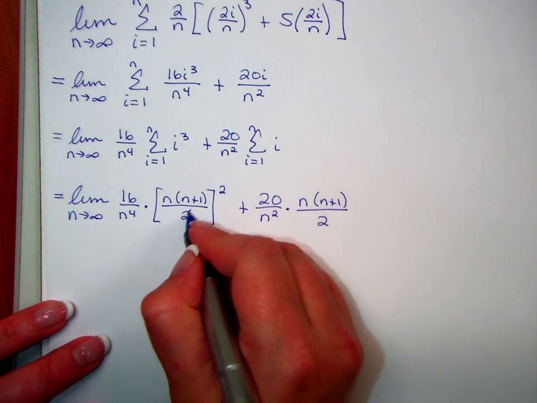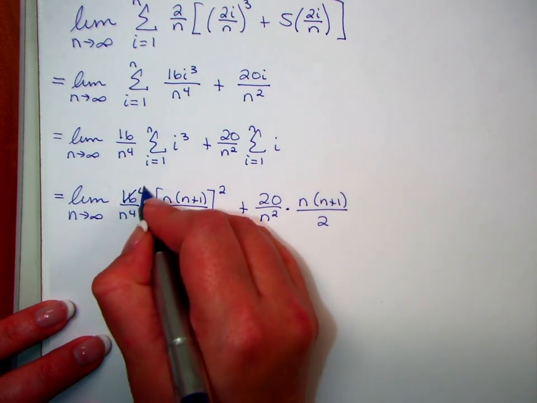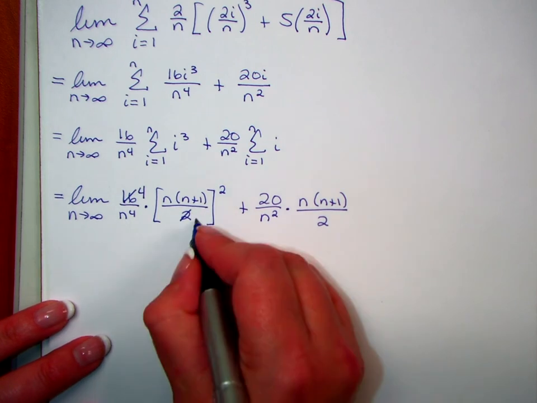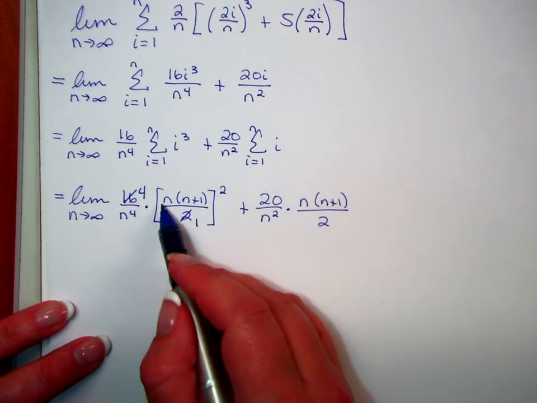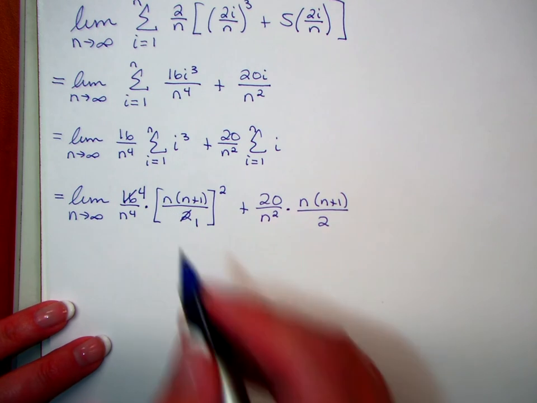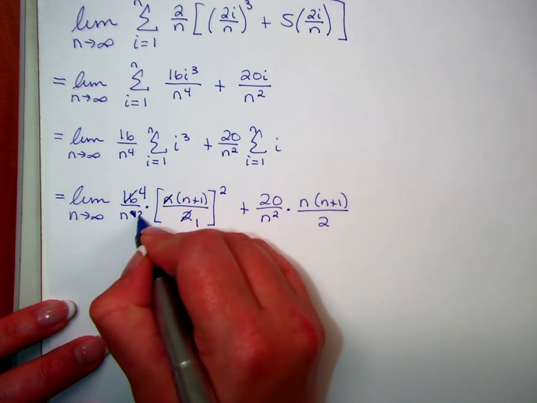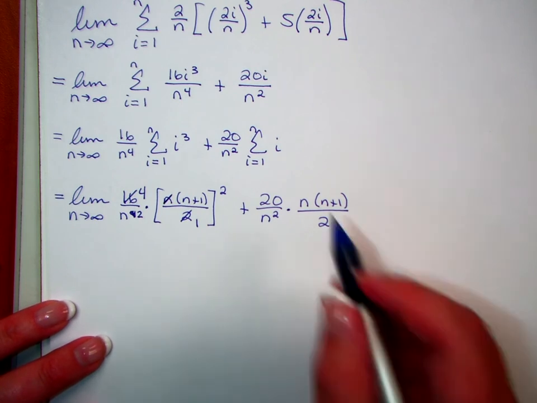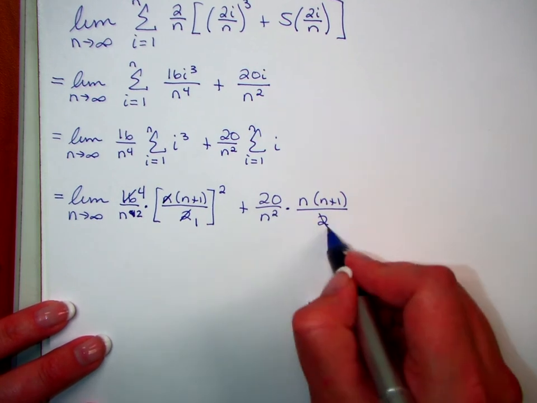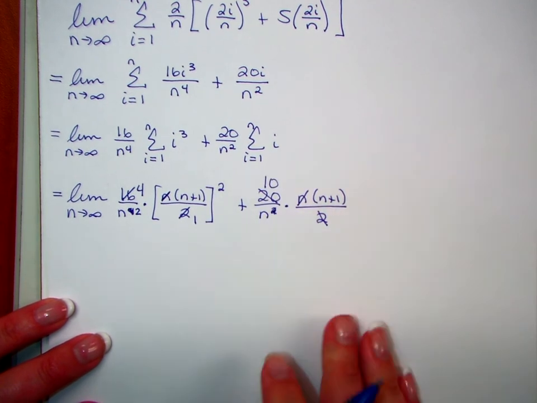So if I cancel this, 16 reduced by 4 is 4, and this is now a 1. Then if I cancel here, I can cancel an n, but remember we have an n squared here. So I'm going to cancel the n squared with the n to the 4th, so I have n squared on the bottom. Over on my next fraction, I can let the 2 and the 20 reduce. I can let the n cancel.